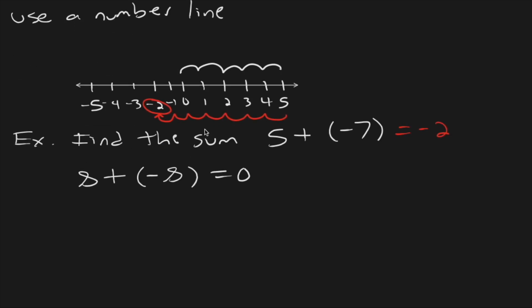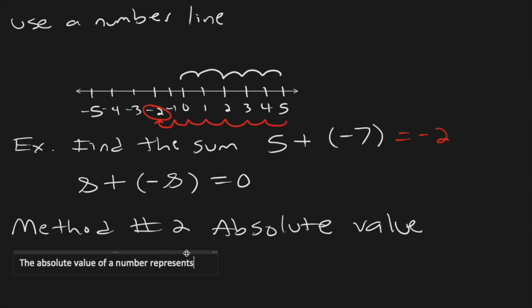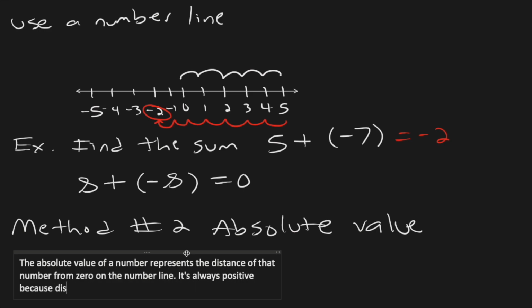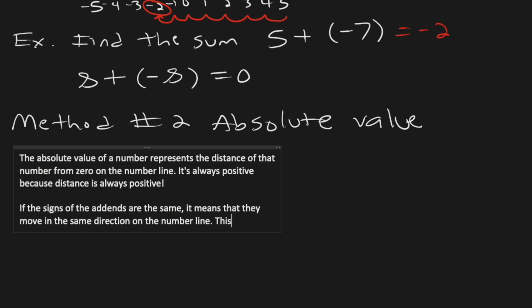So another way to add positive and negative numbers is through the absolute value. The absolute value of a number represents the distance of that number from 0 on the number line. It's always positive because distance is always positive. So keep in mind, if the signs of the addends are the same, it means that they move in the same direction on the number line.